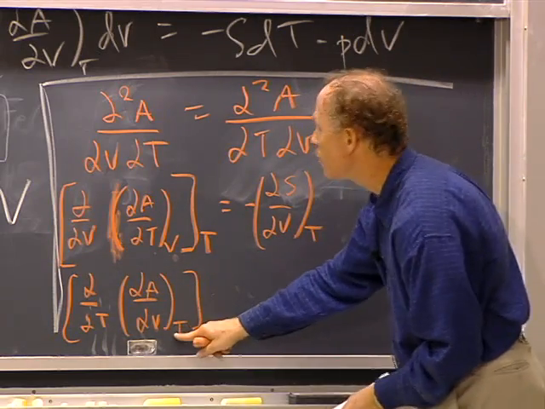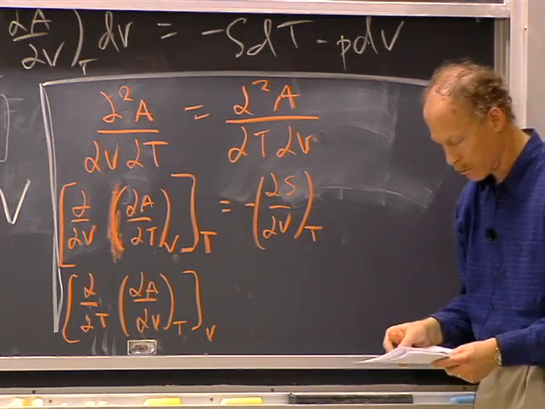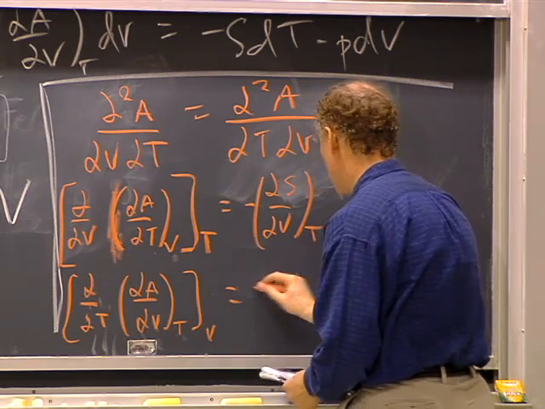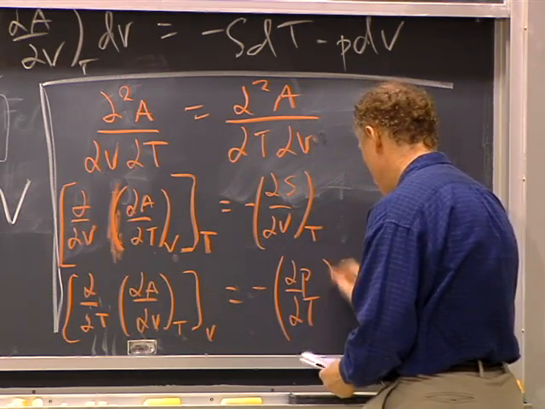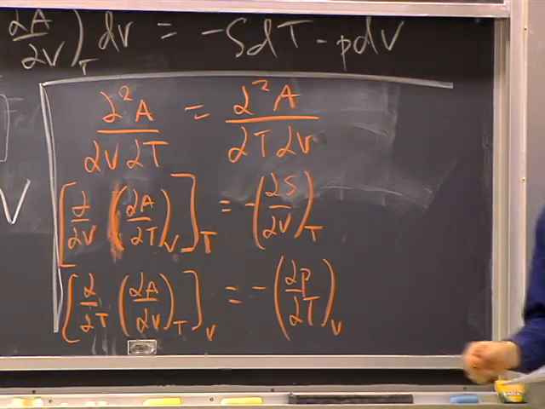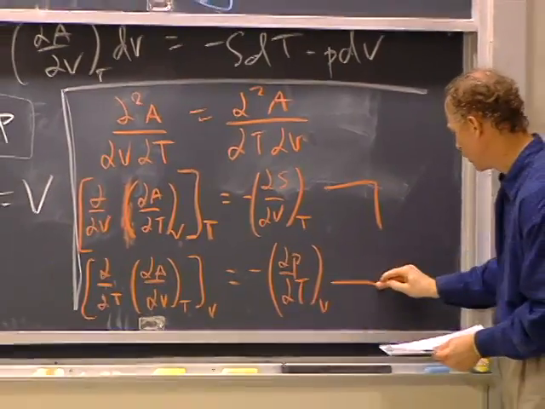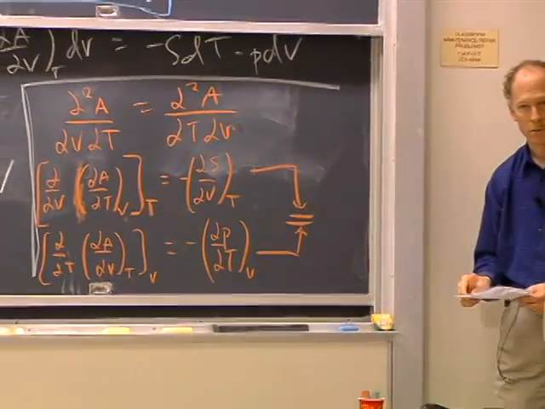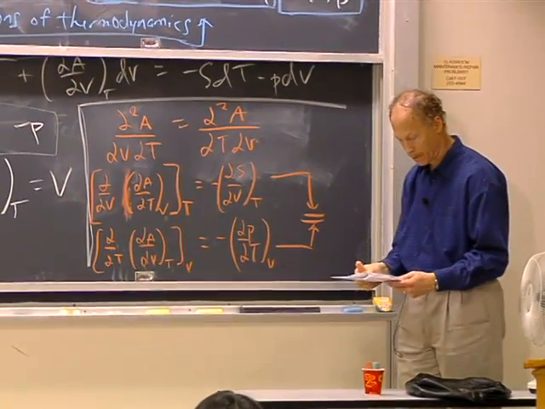But again, dA/dV, there it is, it's negative P, right? So this is just negative dP/dT at constant volume. These things have to be equal to each other, right? Because these mixed second derivatives are the same thing.